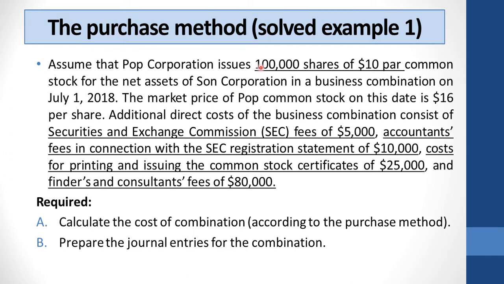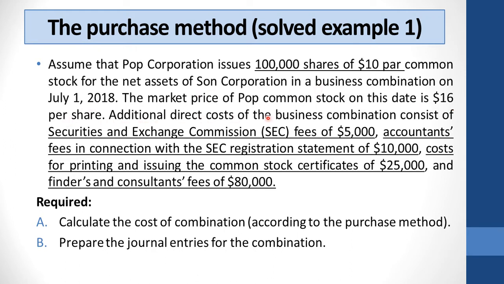So POP issued 100,000 shares of $10 par common stock in order to buy the net assets of Sun Corporation in a business combination on July 1st, 2018. The market price of POP common stock on this date is $16 per share.